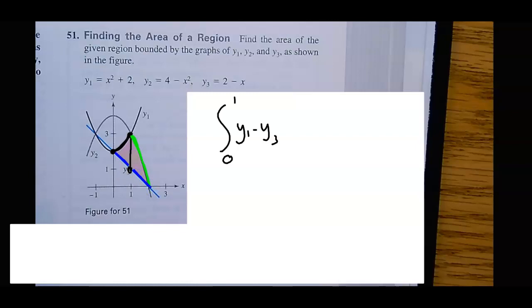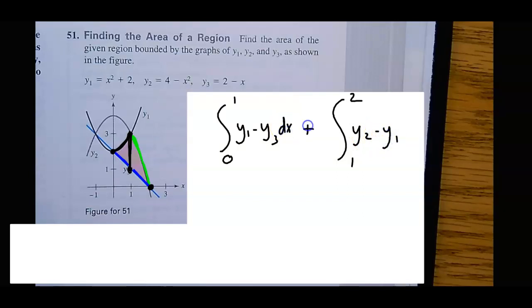So we're starting at the x value of 1 once again, and we're ending at this x value right here of 2. And it's the green line on top of the blue line, and so for that one, the green line's equation is y2, and the blue line's equation is y1.